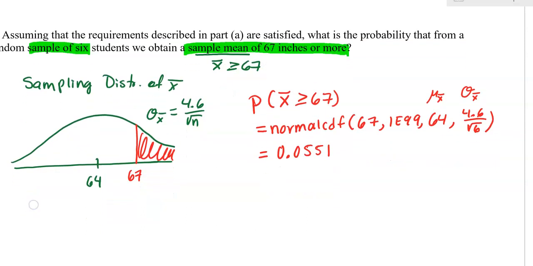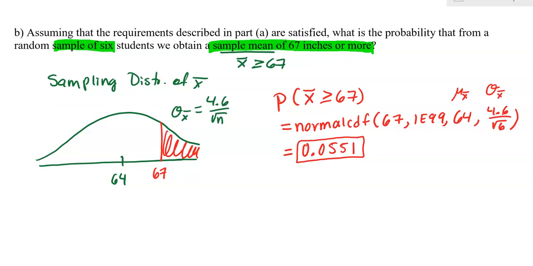So that is that if a sample of 6 students was taken, then the probability that the average height of those 6 students is 67 inches or more is 0.0551. And this is our result, right? And so I'm going to stop right here.